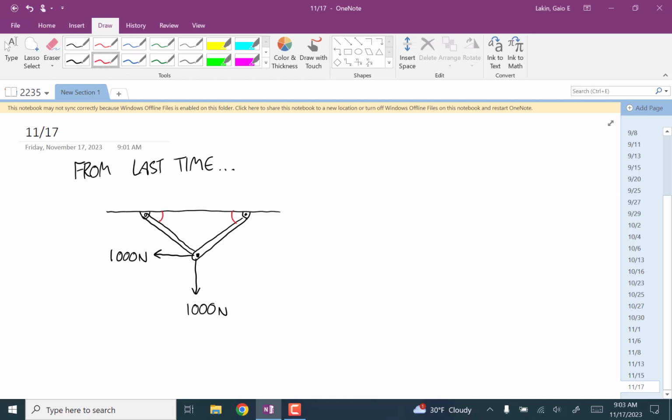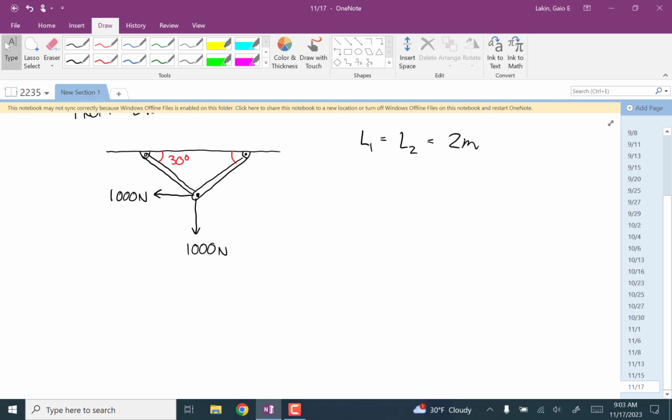And these two angles are 30 degrees, and the lengths are each 2 meters. And we want to calculate the internal loads.